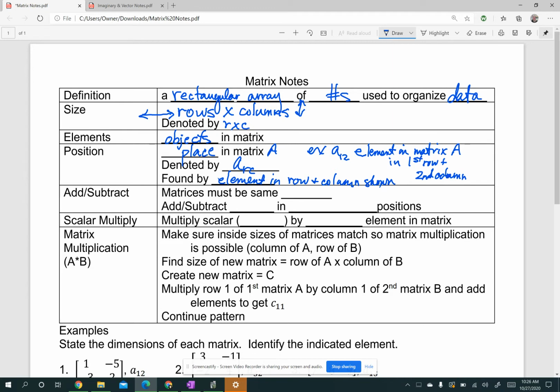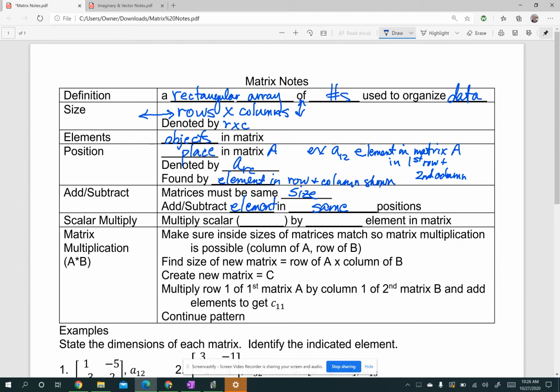The things that you need to be able to do with matrices are add, subtract, and multiply. So when you add and subtract, matrices must be the same size. You add or subtract the elements in the same positions.